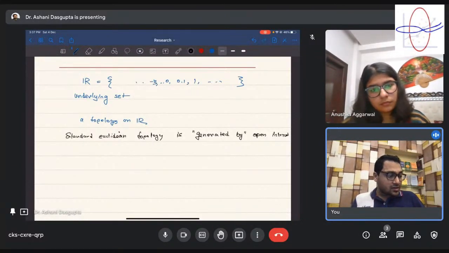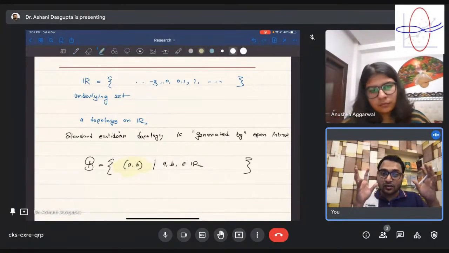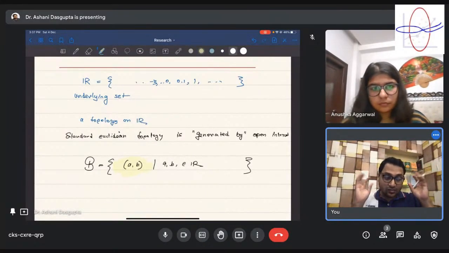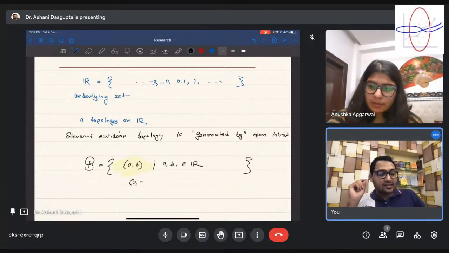You take a set B, which is also a collection of subsets, which contains (a, b), where a and b are real numbers. So all finite intervals or infinite intervals are in this set. So (2, 3) is in this set.